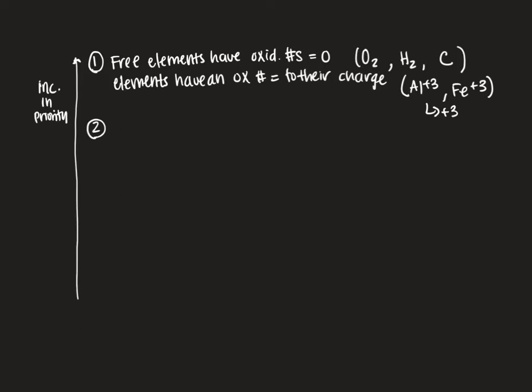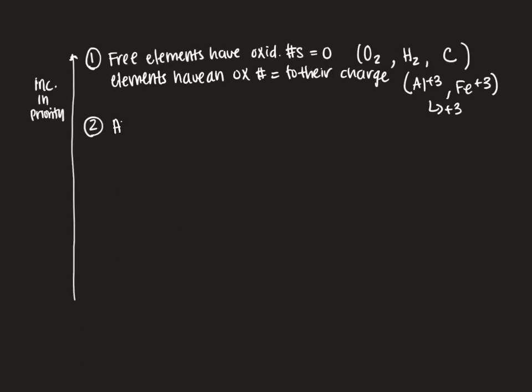We can talk more about that later. Alkali metals, I think of your first column, like sodium +, basically have an oxidation number equal to +1.